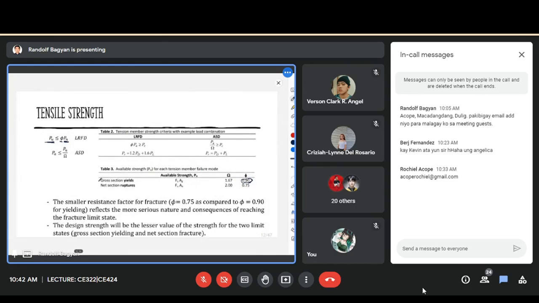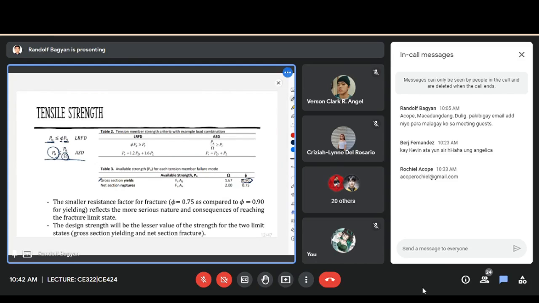Okay? And for ASD class, our allowable, this is your service loads, no? Kung ano yung binibigay ng code, pinagpa-plus lang natin sila, then that would be our service load. And it should be less than or equal to our allowable strength. Tama ba? Ito yung tawag doon. This is your allowable strength, Pn divided by omega naman, where omega is your factor of safety as was discussed in your module 1.